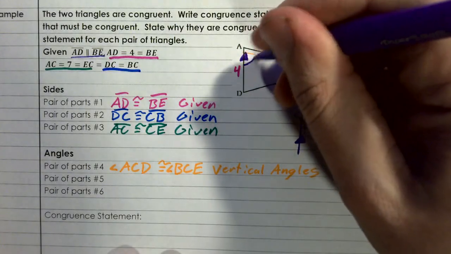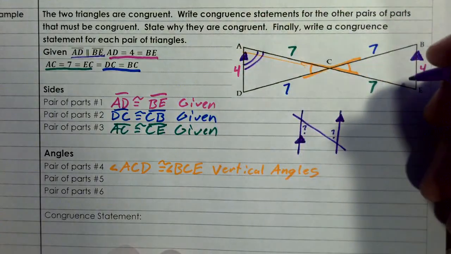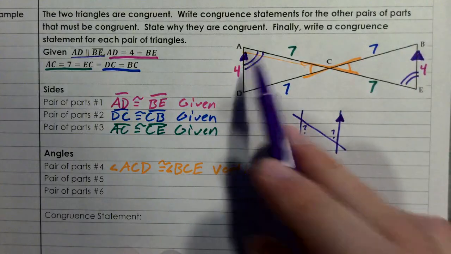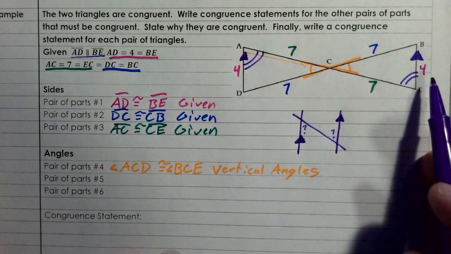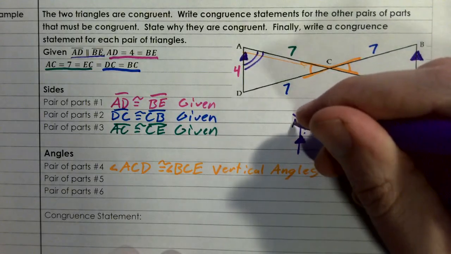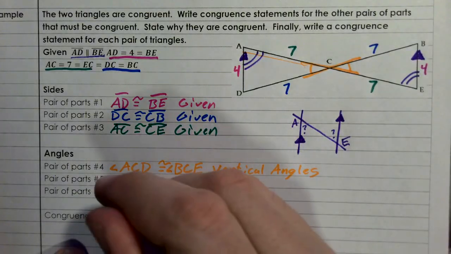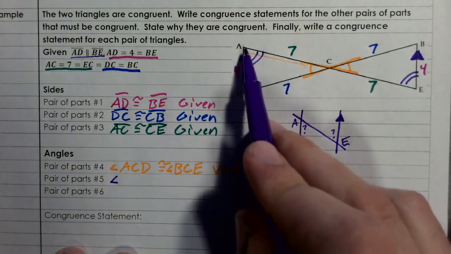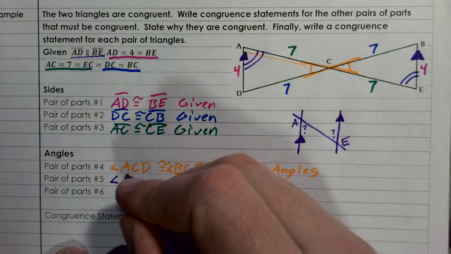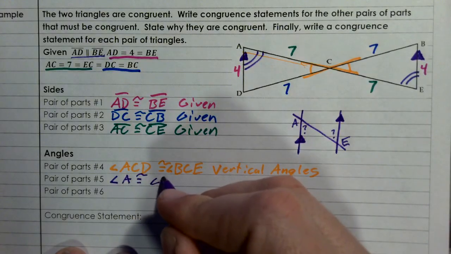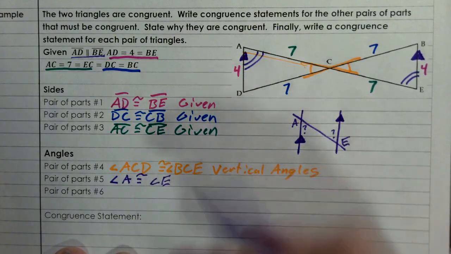That makes these two angles congruent because those question marks are in the same relative spot of A and E. So that means angle, and since there's just one letter there, I can just use the one letter, A is congruent to angle E. And you could use more if you want.